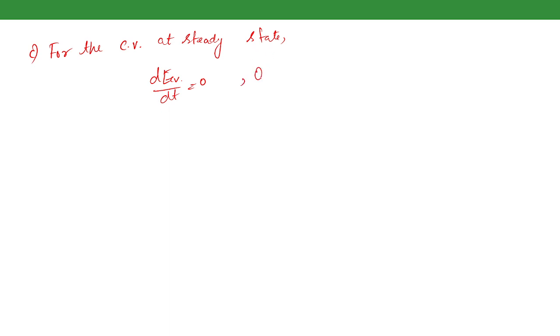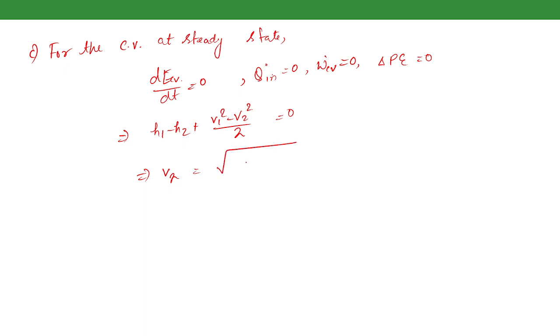Here there is no heat input to the control volume, there is no work done by the control volume, there is no change in the potential energy. So the energy equation reduces to h1 minus h2 plus (v1 square minus v2 square) by 2. This implies the final velocity will be equal to the square root of v1 square plus twice of (h1 minus h2).